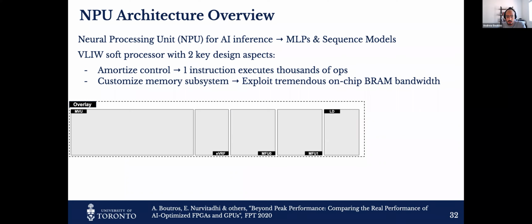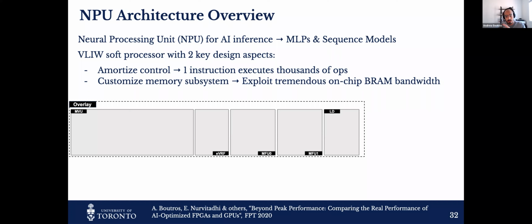It's an FPGA overlay architecture that is targeted for AI inference and specifically for the kind of AI models that are more memory bound. So things like multi-layer perceptrons and sequence models like RNNs, LSTMs, and GRUs. When the NPU started, it was a replica of the Microsoft Brainwave architecture.